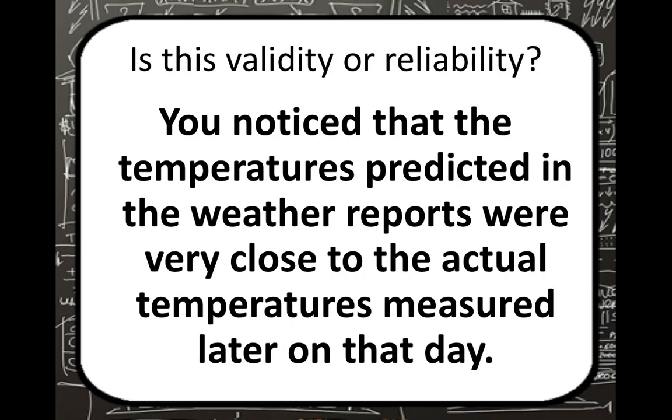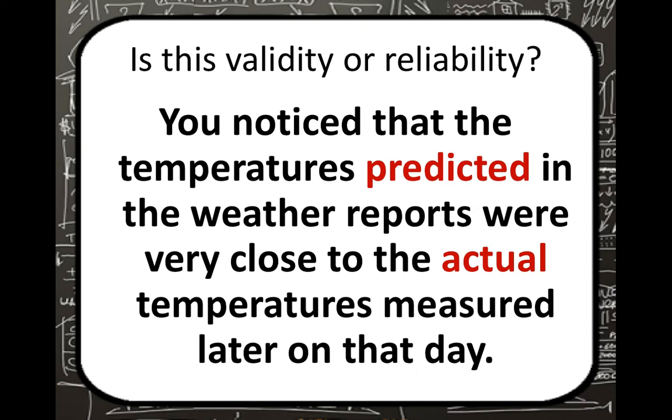Now, you notice that the temperatures predicted in the weather report are very close to the actual temperatures measured later on that day. So again, keywords, predicted and actual. What was predicted, what was trying to be measured, was very close to the actual thing, right?